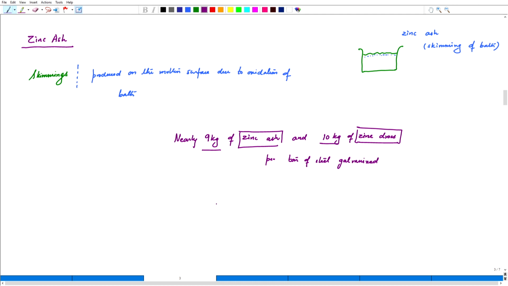And in zinc ash, that is one simple point, and the other one is in zinc ash the composition of zinc can vary from nearly 60 to 90% zinc, which means it is a very good raw material for zinc recovery, which has nearly 60 to 90% of zinc available in it directly.